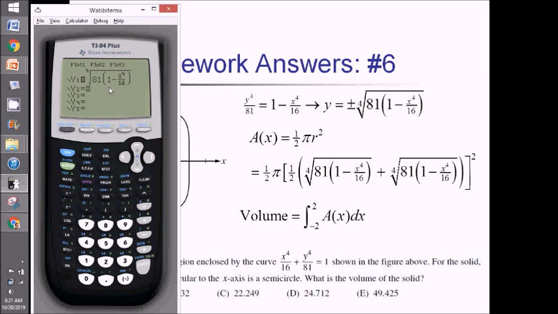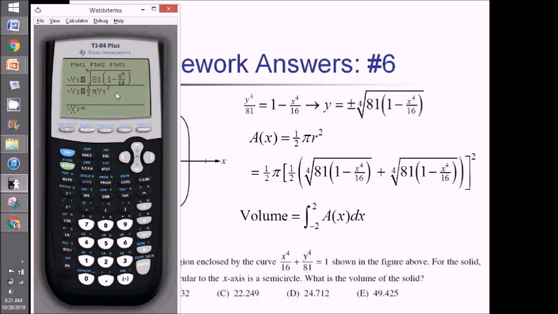So 1/2, and then we're going to do pi. And then, again, if I add this to itself and take half of it, I've just got itself that I'm squaring here. So y1 squared. So there's my area function now.